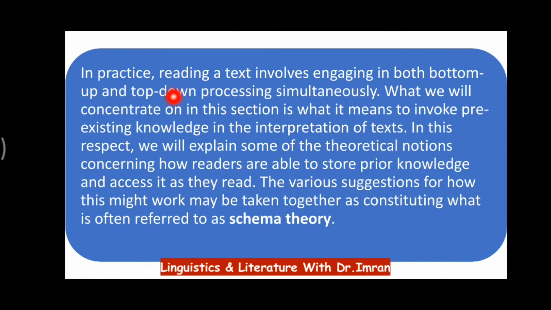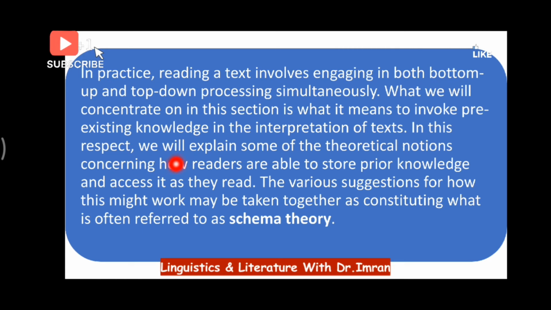In practice, reading a text involves engaging in both bottom-up and top-down processing. So when we read a text, we utilize both processes, bottom-up and top-down, simultaneously. What we will concentrate on in this section is what it means to involve pre-existing knowledge in the interpretation of text.